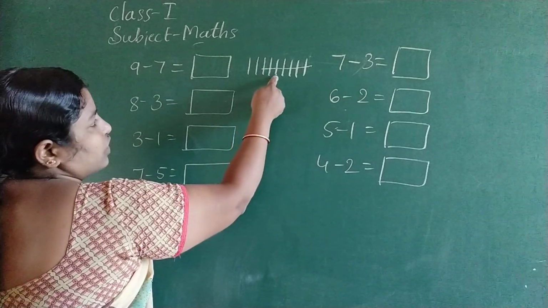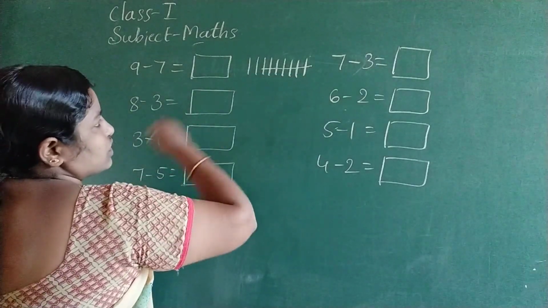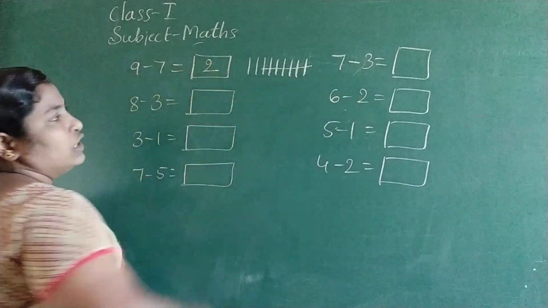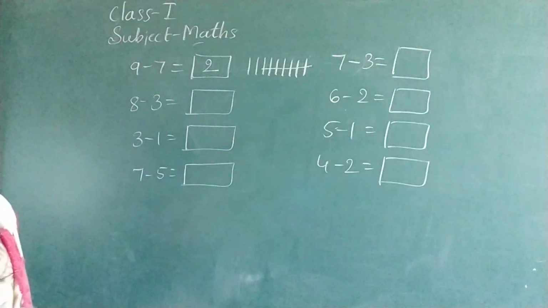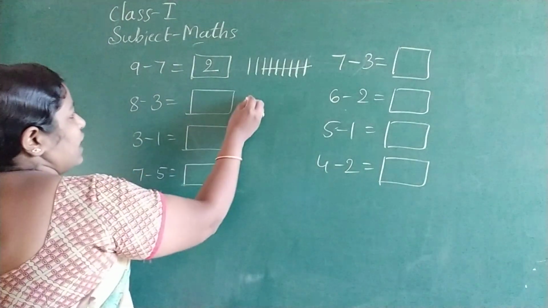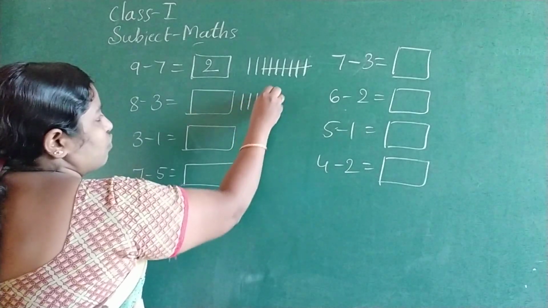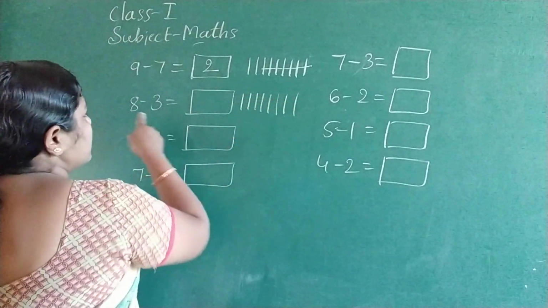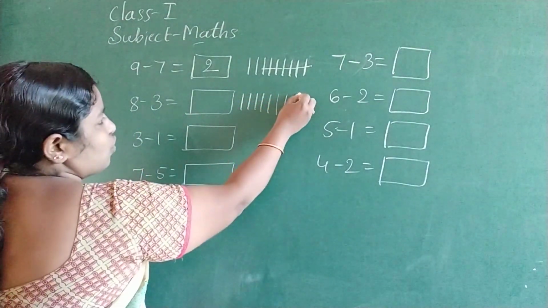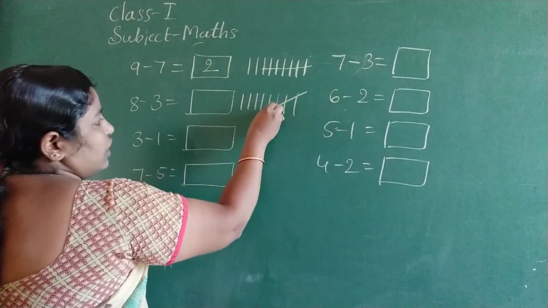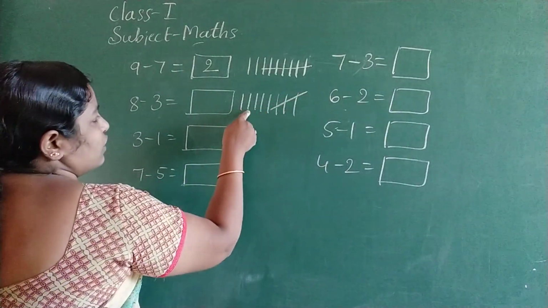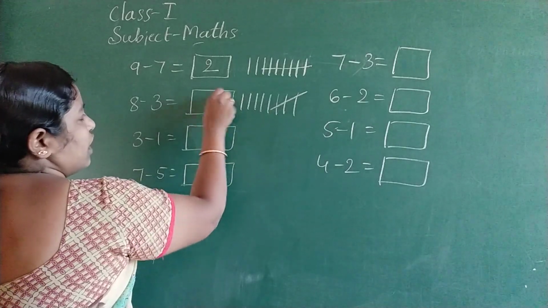So 7 have been crossed. How many are remaining? 2 lines are remaining. Next, 8 lines. 1, 2, 3, 4, 5, 6, 7, 8. Minus 3 we should do. So 1, 2, 3. 3 you crossed. 1, 2, 3, 4, 5 is left.